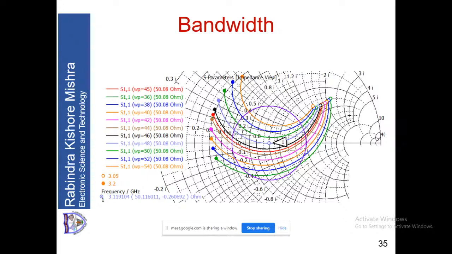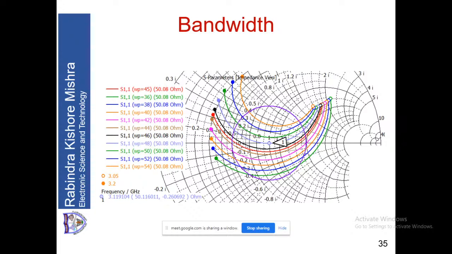So it should cross that once, at least once. The lines which are above the horizontal line, there is no resonance, so those lines are rejected. Below the line there are points where it is crossing more than once, or points where it is crossing only once within the circle.